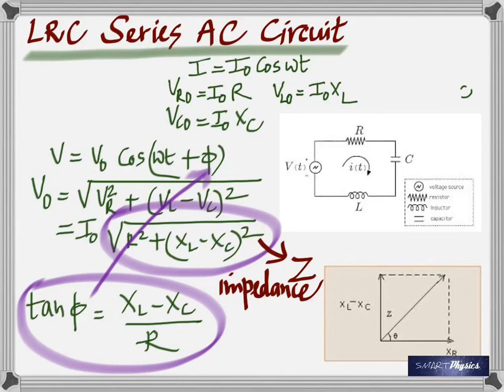VL minus VC, correct? And then you have to take the resultant of these two, don't you? How do you take the resultant of these two? Correct. So wouldn't that give you what I've written? The square root of VR squared plus (VL minus VC) whole squared.